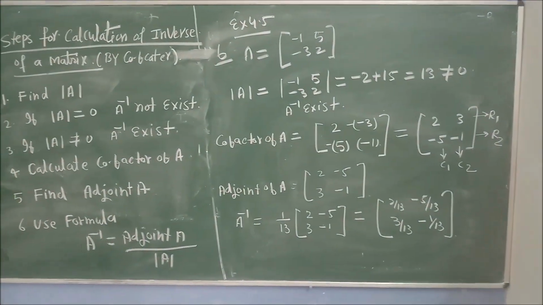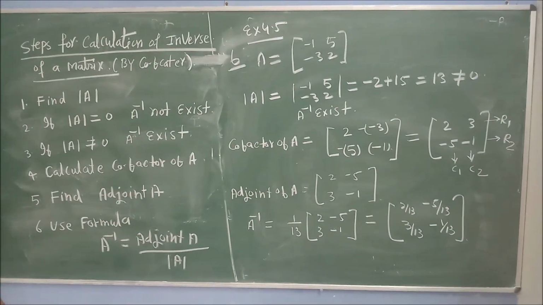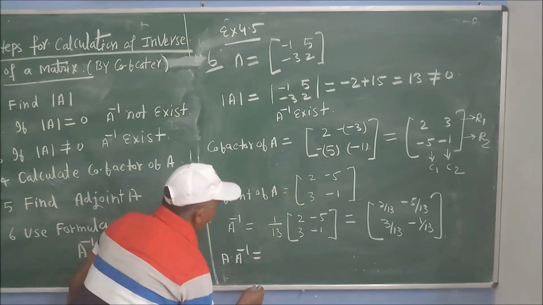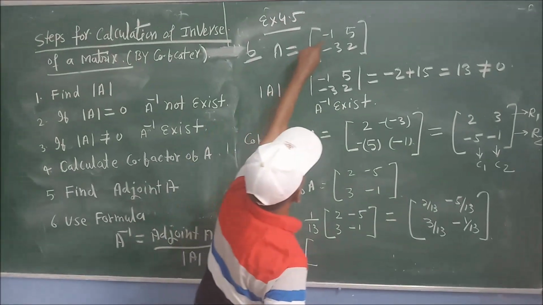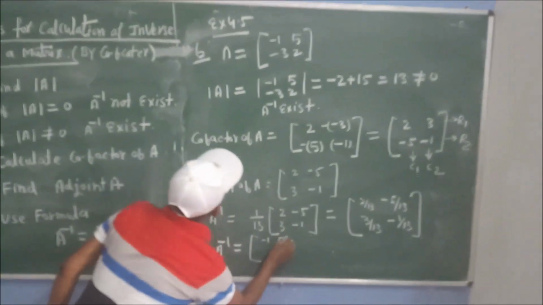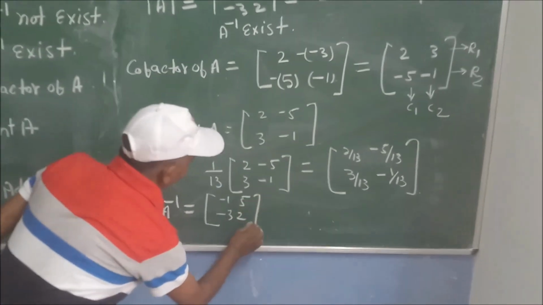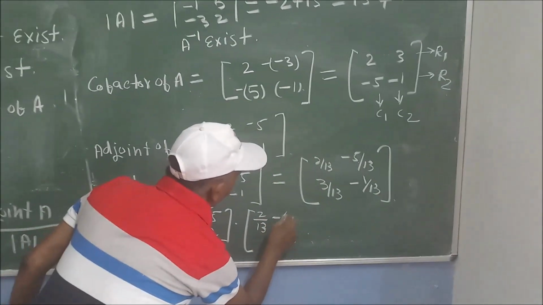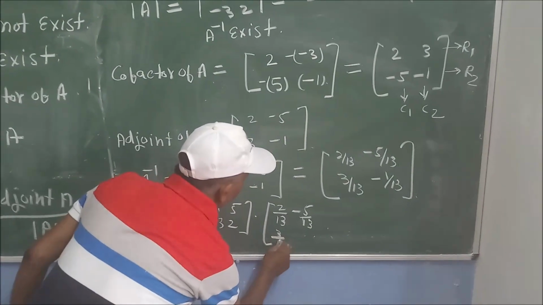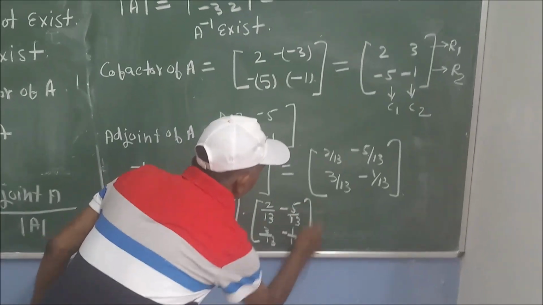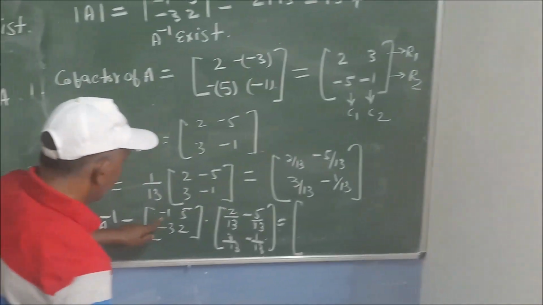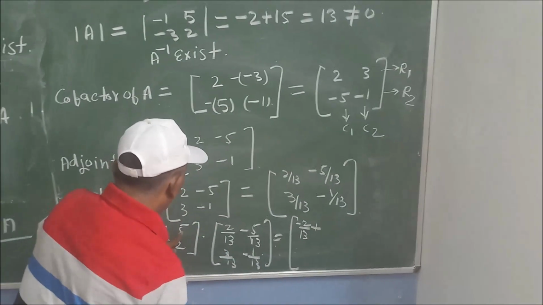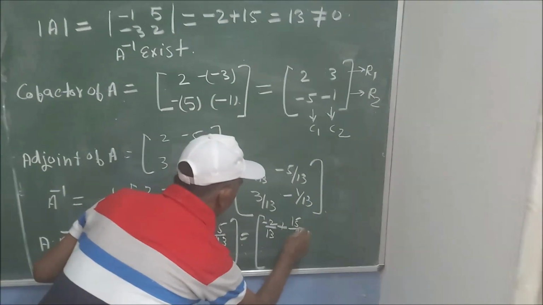And if you are interested to check whether it is correct or not, then calculate A into A inverse. You have -1, 5, -3, 2 into A inverse, which you have already calculated: 2 upon 13, -5 upon 13, 3 upon 13, and -1 upon 13. So check here, -1 into 2 by 13 is -2 by 13, plus 5 into 3, 15 by 13.